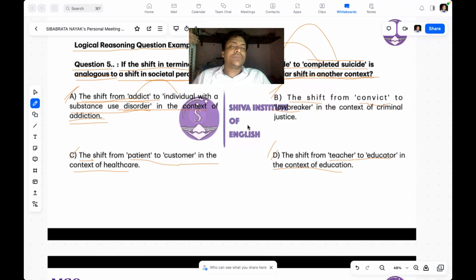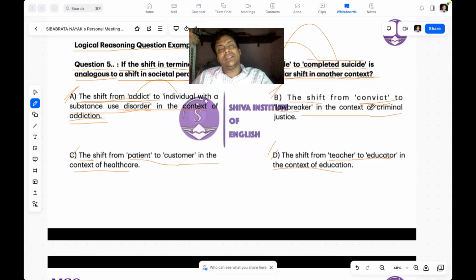So option B is trying to say what? Option B is talking about shifting from convict to lawbreaker. Convict to lawbreaker does not carry the same weight as the shift in the other options. It does not necessarily reflect a more compassionate or understanding approach, but rather a change in terminology.